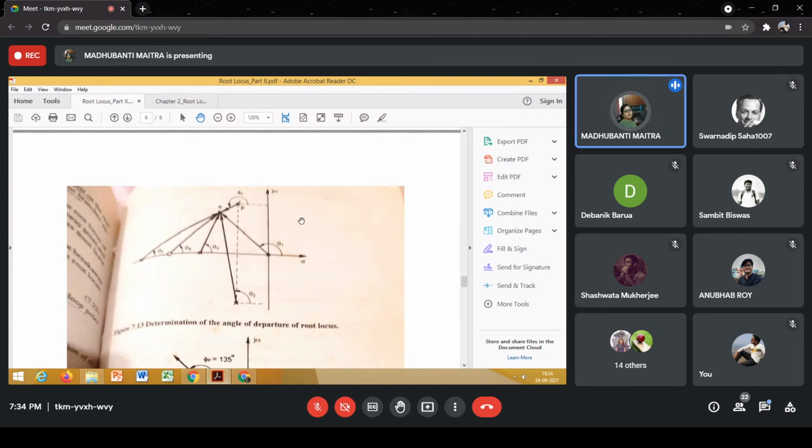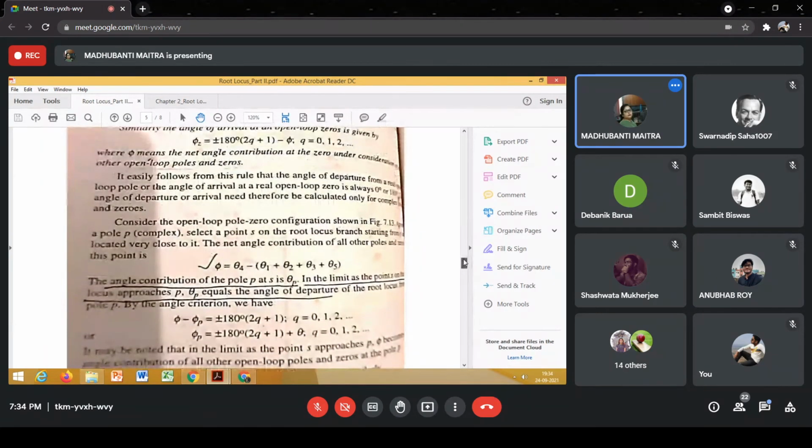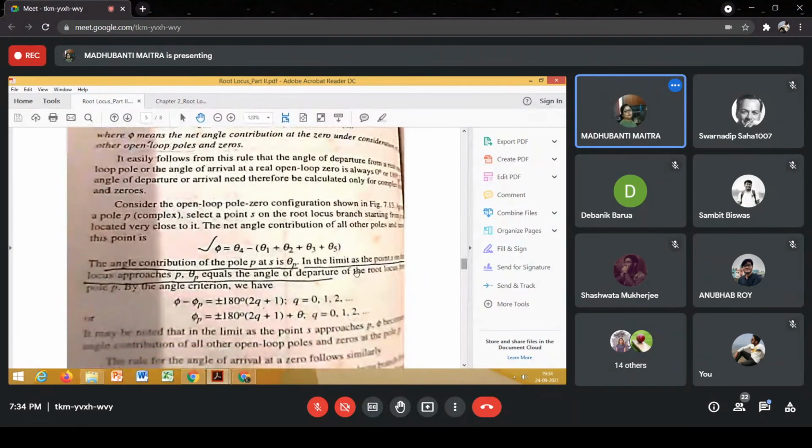And since s is an on-locus point, phi minus phi p will be equal to plus or minus 180 degree times (2q plus 1). The angle criterion will be satisfied at that particular point. Agree?